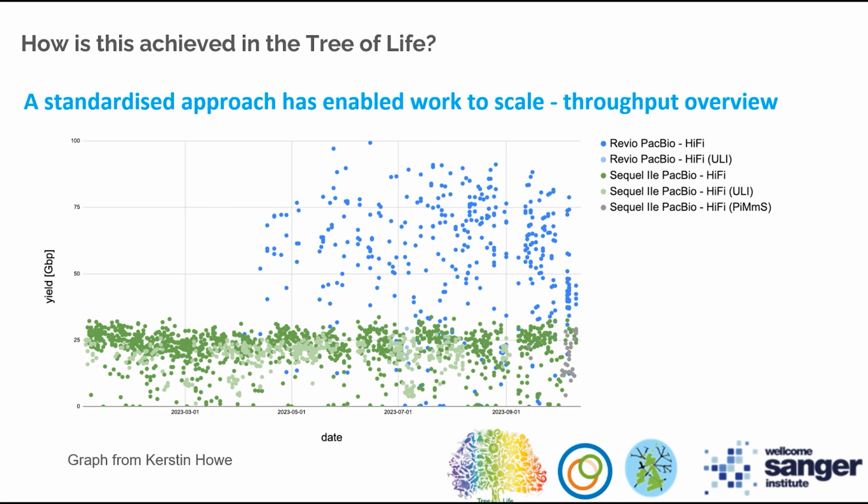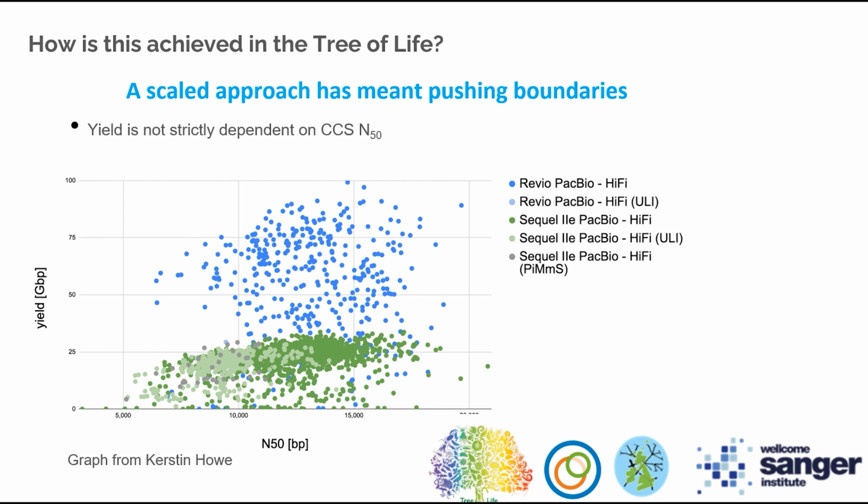But in order to scale, we've had to push some boundaries. So here we see the representation of the CCS yield as plotted against the N50. And you can see one is not strictly dependent on the other, so it's not a completely linear line. And this has actually been really important to us. And you may ask why. Well, we don't always have the luxury of creating a perfect library.